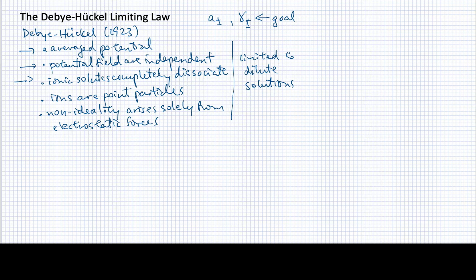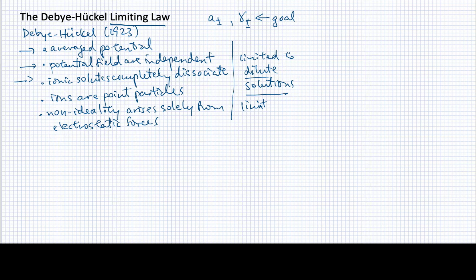There's also some work that they did in treating the solvent as though it were a continuous field, and as soon as you have a very strong concentration, it's a little less valid to make that assumption. So all of the results we're going to talk about are limited to dilute solutions. In fact, this represents a limit to the applicability of the theory, and that's why this is sometimes called the Debye-Hückel limiting law, because it's limited to dilute solutions.